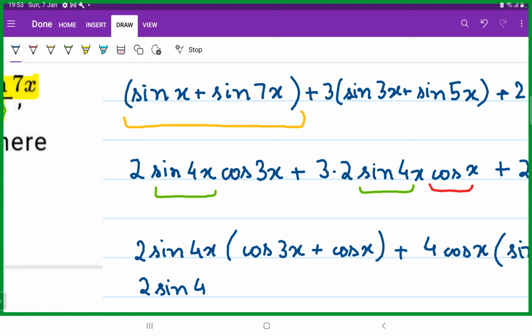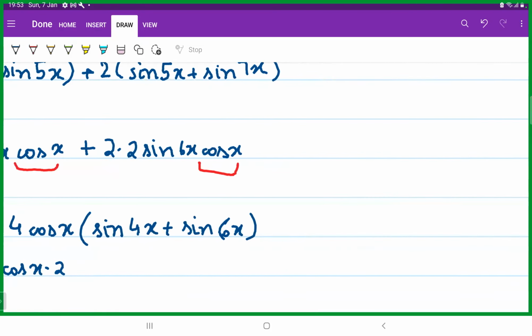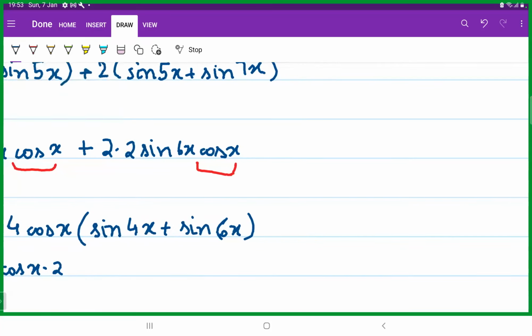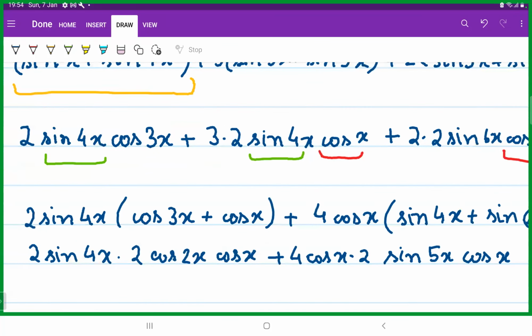So cos 3x plus cos x becomes 2 cos 2x cos x, plus 4 cos x multiplied by 2 into sine 5x cos x.